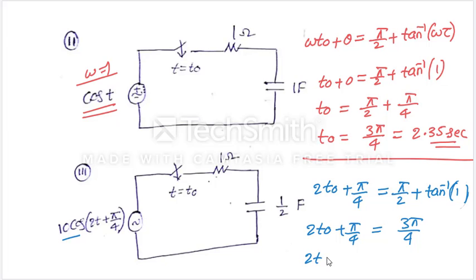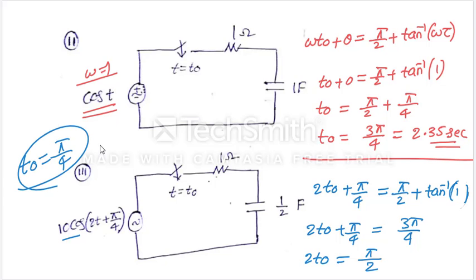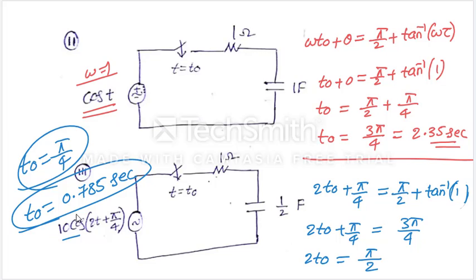That means 2 t naught is equal to pi by 2, so t naught is pi by 4. So finally the t naught value is 0.785 seconds.